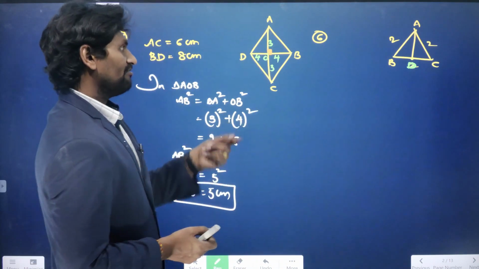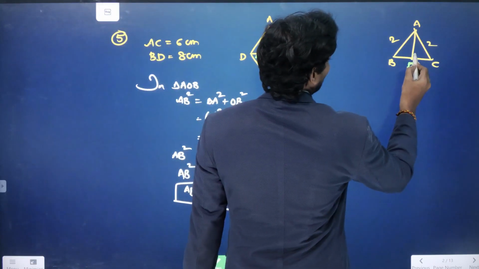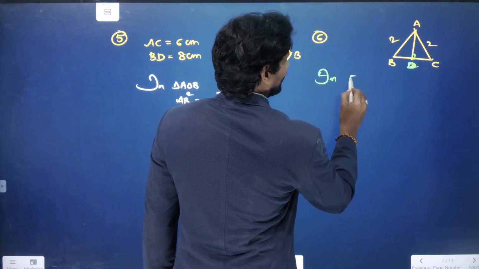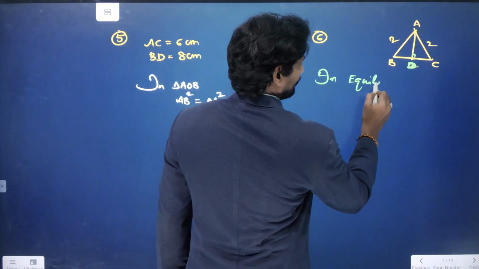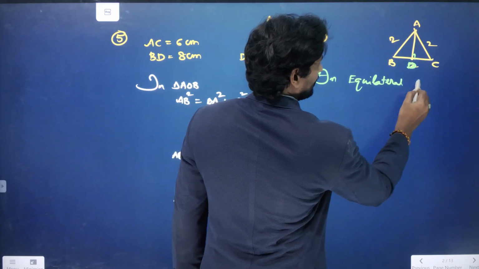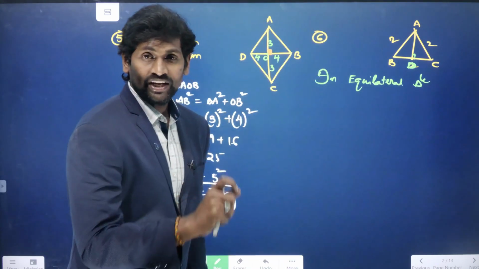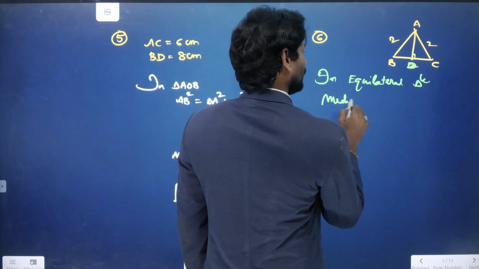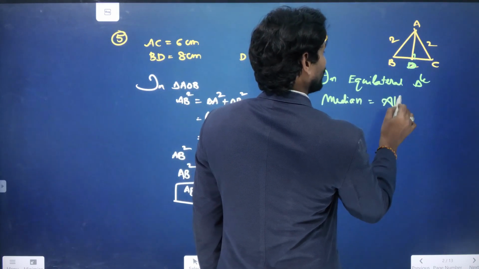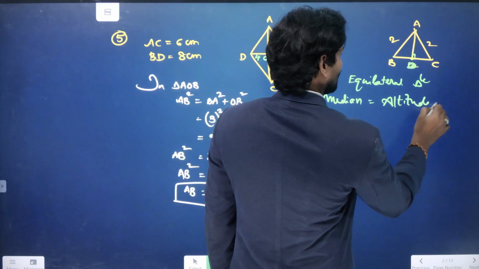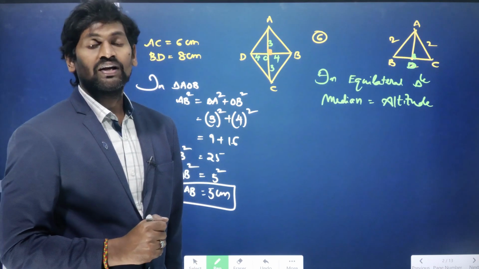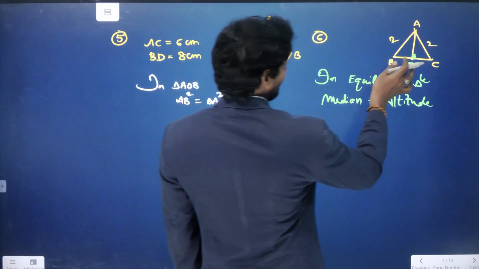So in the same way here, AD can be the altitude. That means in an equilateral triangle the median and altitude are the same, and it makes 90 degrees. And D is a midpoint.